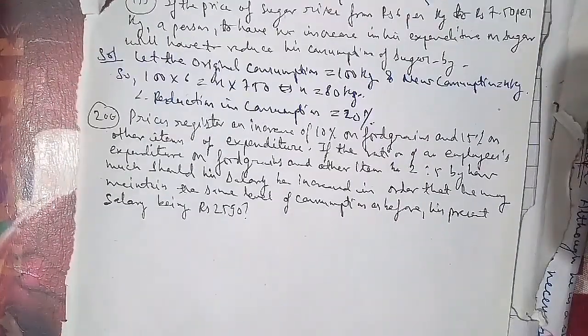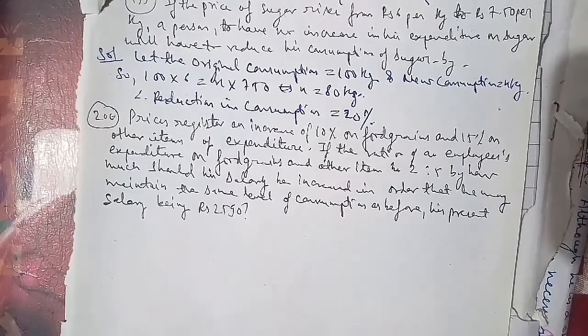So with this, we go ahead with our solution for the same. Let the expenditure on food and other items be rupees 2x and 5x.